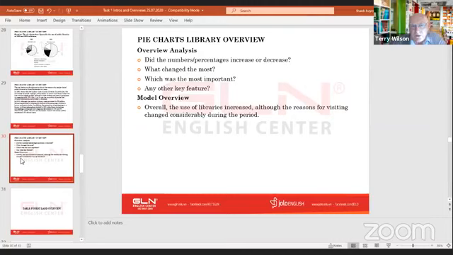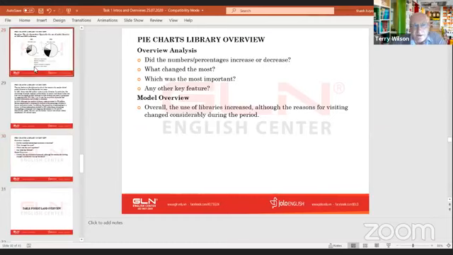What changed the most? Which was the most important, or is there any other key feature? So here's the overview. Overall, the use of libraries increased, although the reasons for visiting changed considerably during the period.